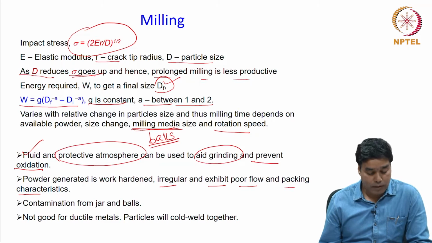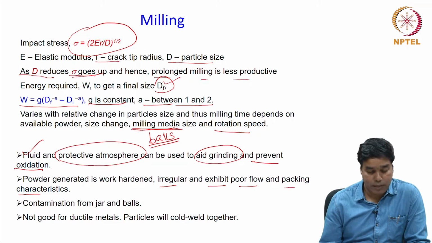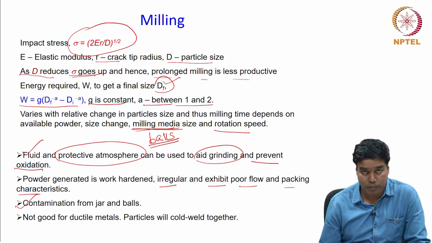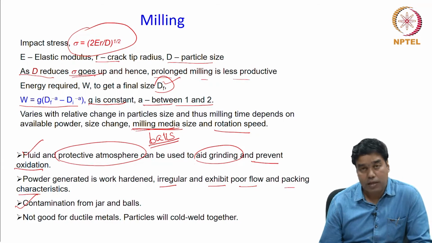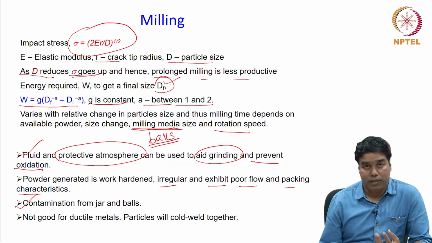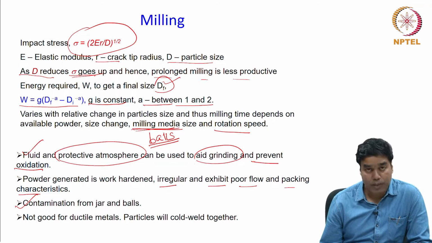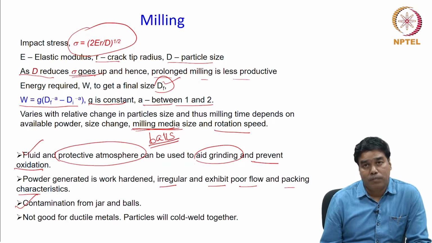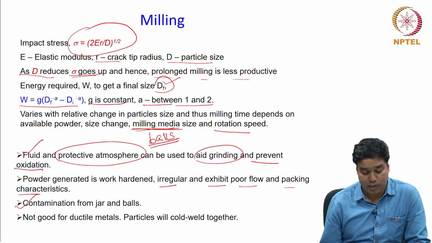The other issue with this process is the contamination that comes from the jars and the balls, because this jar and the balls are made of a different material most of the time, because these balls and the jar also have to be very hard. So, more often than not they are made out of a different material which are very hard. So, there are chances that some contamination may come from the jar and from the ball into the material which is being processed.